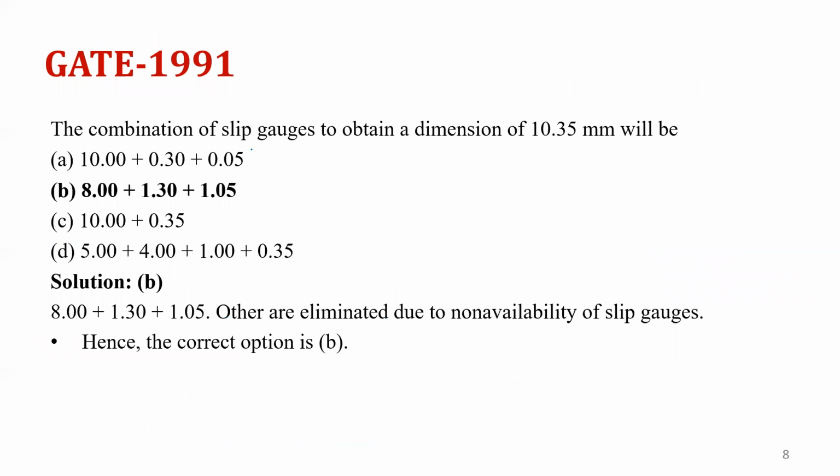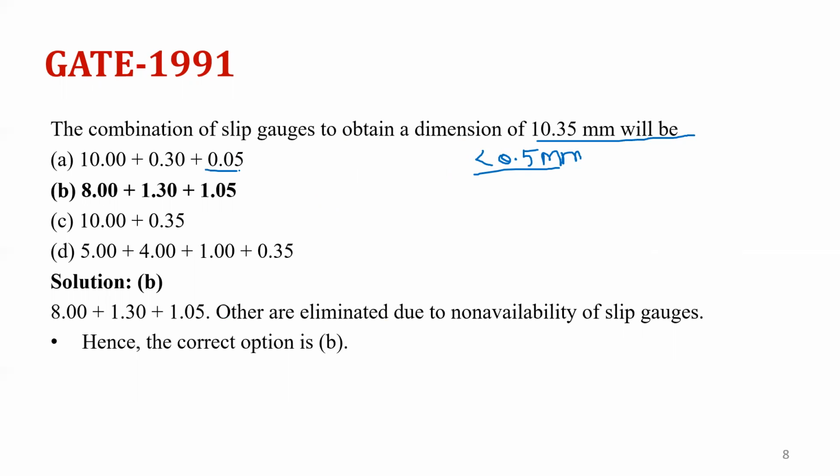Next, the combination of slip gauges to obtain the dimension of 10.35 mm will be. In any set of slip gauge box, no slip gauge thickness is less than 0.5 mm.